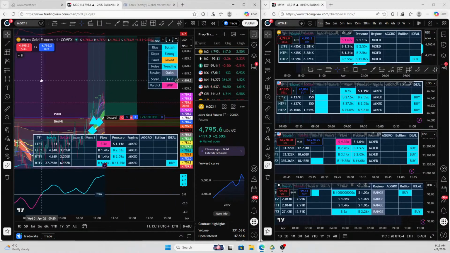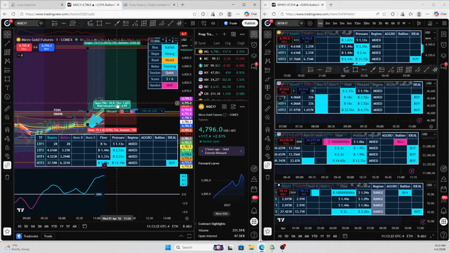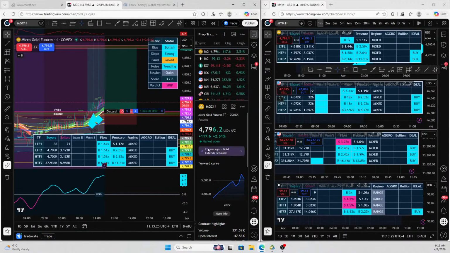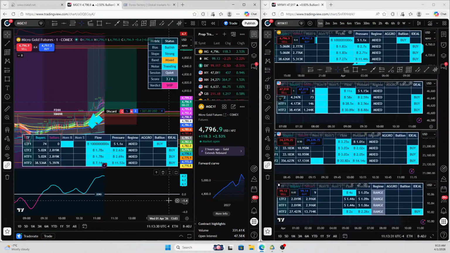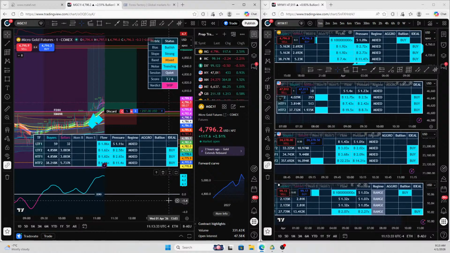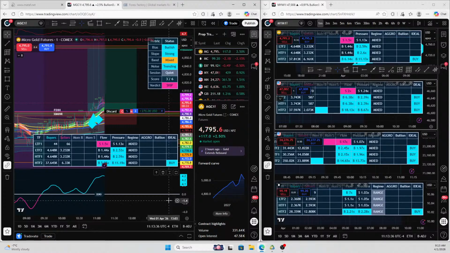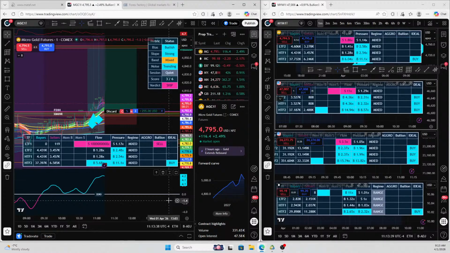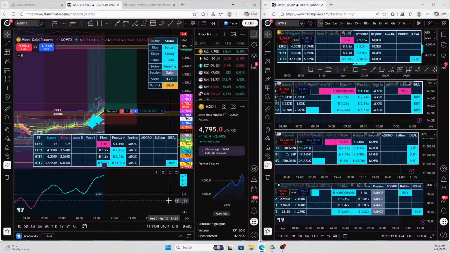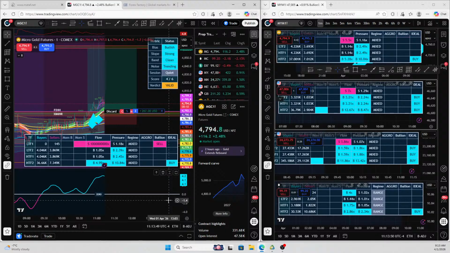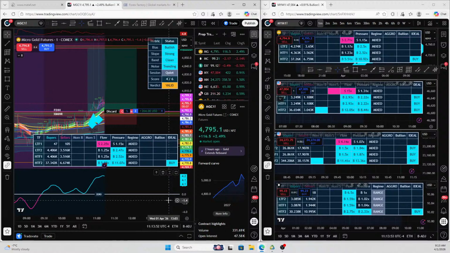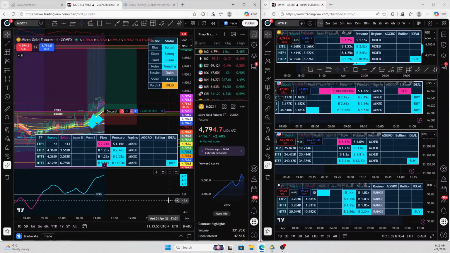Yeah, normally we want to see gold push aggressively to its price target. We still have some range left in the daily ATR. Let's wait.